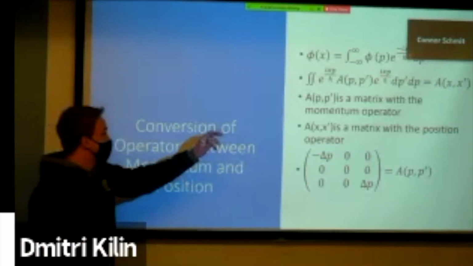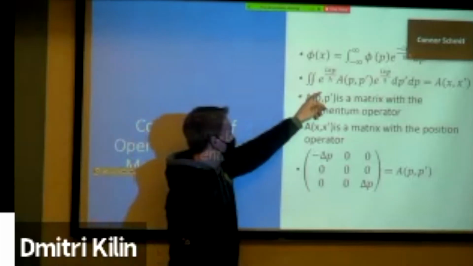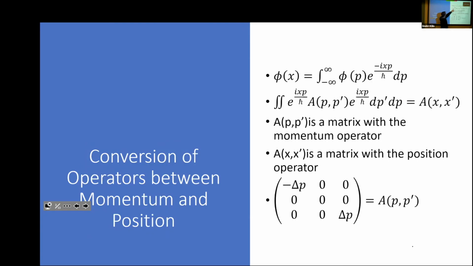We can turn that into a double integral, and we can see that we now have two different equations that are changing, in this case, the momentum into the position operators, and A of P comma P or X comma.